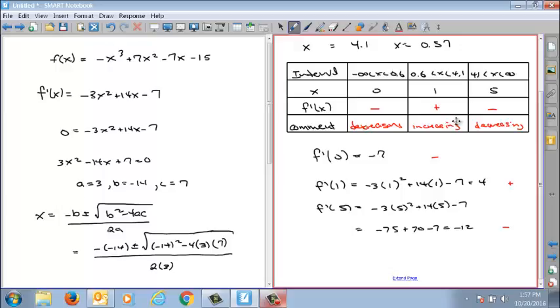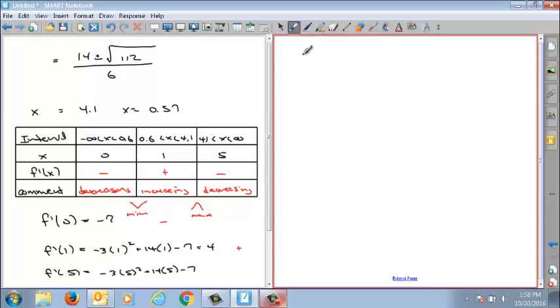So that's the information about the increasing, decreasing nature. Here we go from decreasing to increasing, increasing to decreasing. So that means we have a minimum here and we have a maximum there.